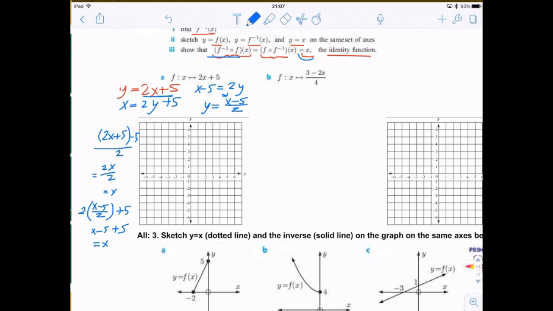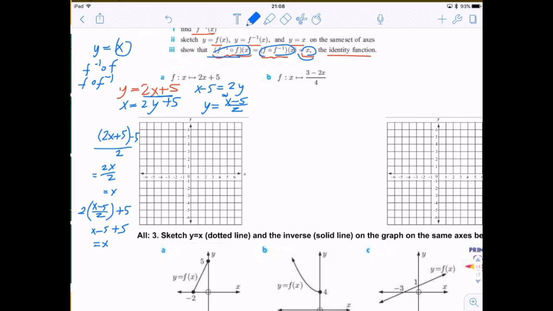So we have done these tests, and we've shown both equal to x, the identity function. Okay? So the identity function just means that the input is equal to the output. But the thing is, if you do inverse function follows the original function, or function follows inverse function, basically the inverse function and the function undo each other. So if you do either one of these, you're going to get the original input back.